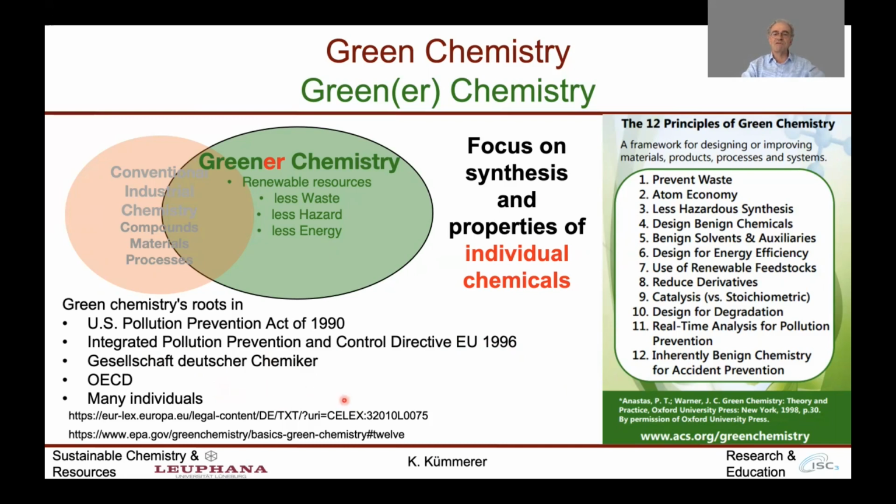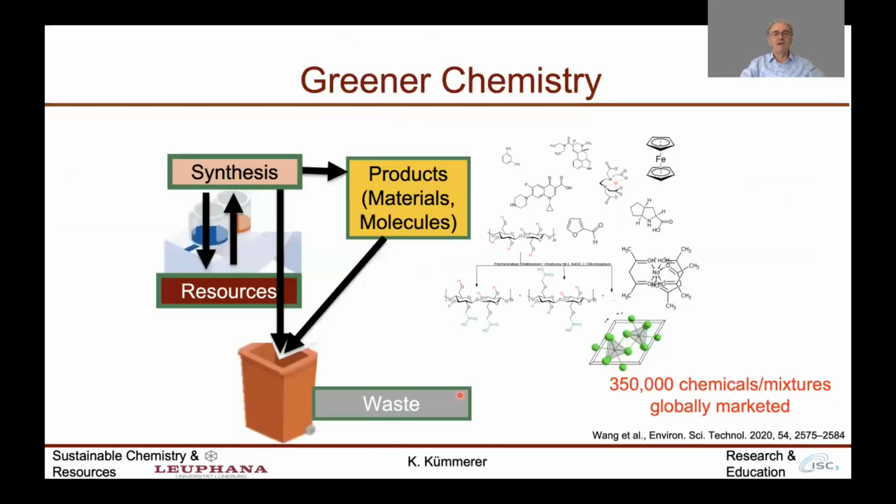Not just 2 persons who have later on published these helpful 12 principles. So with the 12 principles of green chemistry, we make synthesis and products less environmentally burdening, you could say, and we think about resources. We should use renewable resources, we reduce waste.